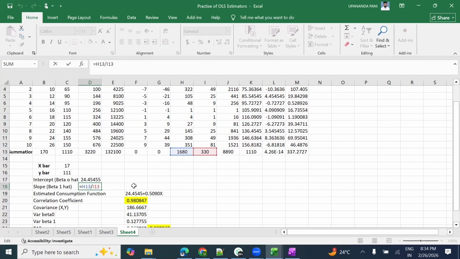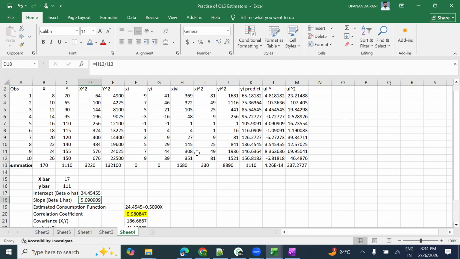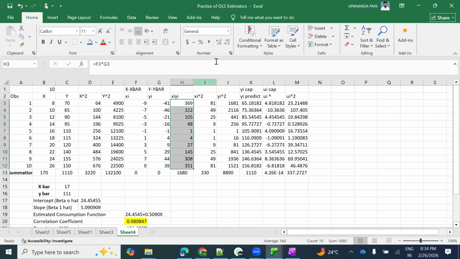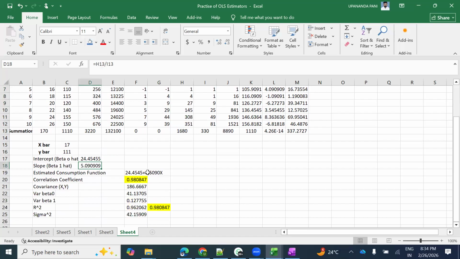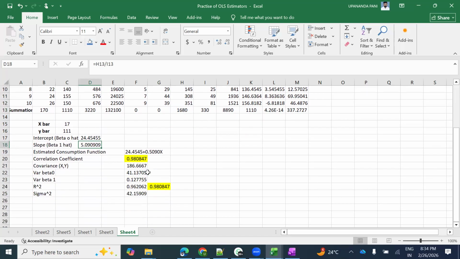X changes by 1 unit. Let me see. I think it has changed actually here. I'll come to that. Okay. So why it has changed or not, we will discuss that.